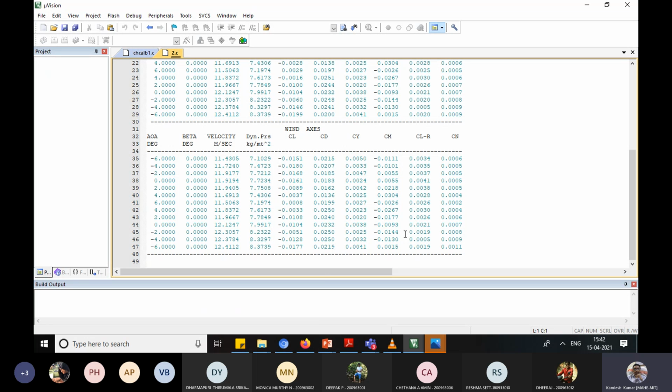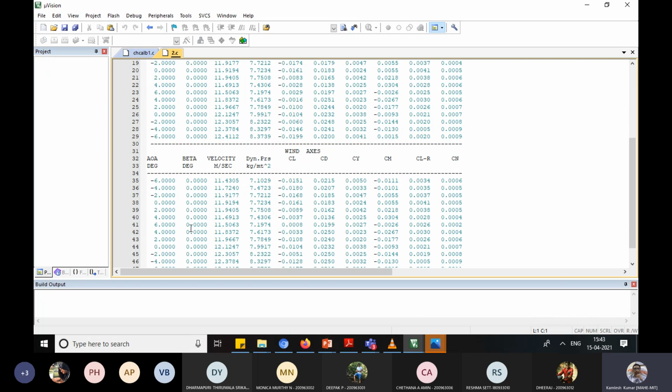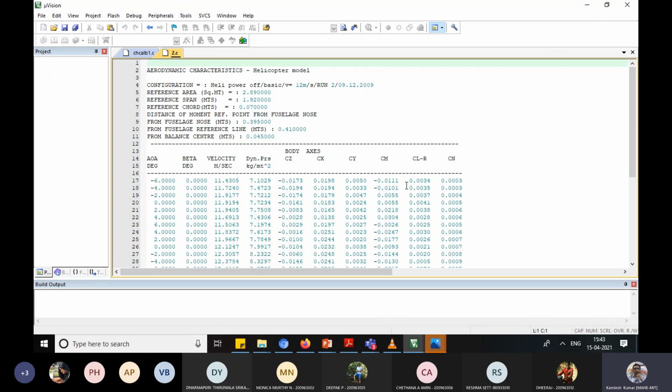So we have to do various tests with different angles of attack and different wind speeds. And if you are looking at different side slip also, then you have to do that. I think side slip we have not captured; it already failed after 6 or 7 tests inside the wind tunnel, then we stopped. We tested the helicopter in off condition and in on condition, and in the on condition it failed the first time itself.